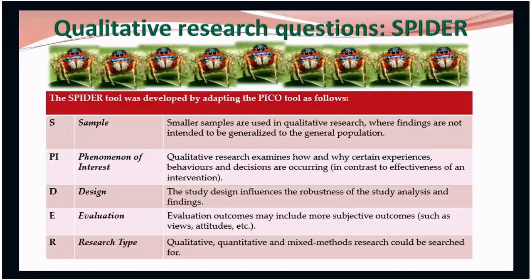Side effects of a medication is a phenomena. Waiting time in the clinic is a phenomena. Your design is how you're going to do the study. And then the evaluation outcomes is, are you looking at perceptions or attitudes or beliefs or knowledge? And then your research type would be qualitative or mixed method.